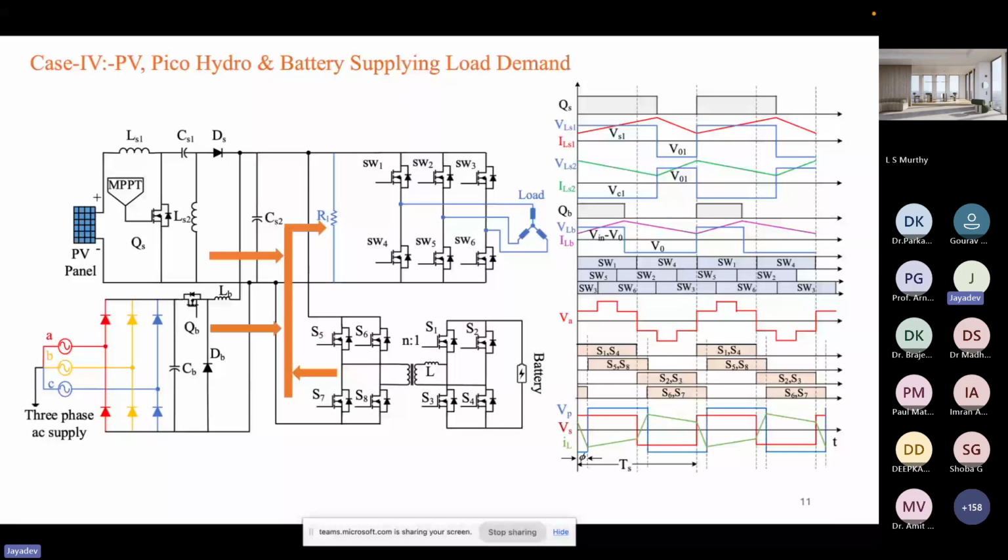At that time, in the switching of the battery, S1 and S4 are leading, meaning the secondary side is leading the primary side switching voltage. The power is supplied from secondary to primary, and it will supply both the AC and DC load.